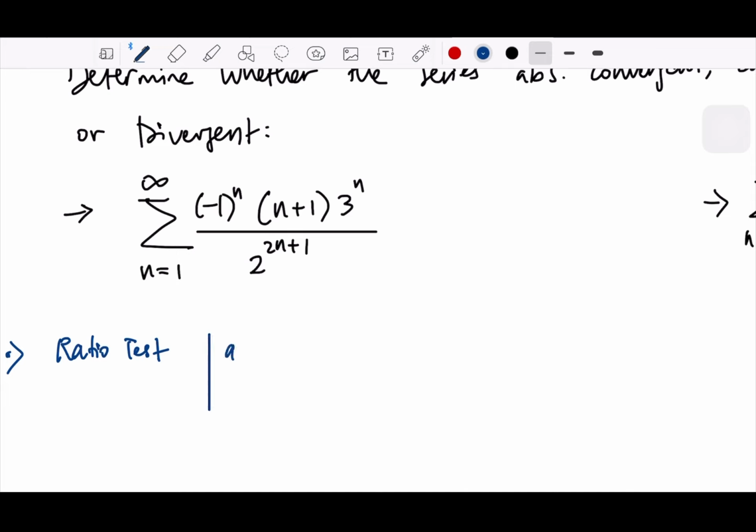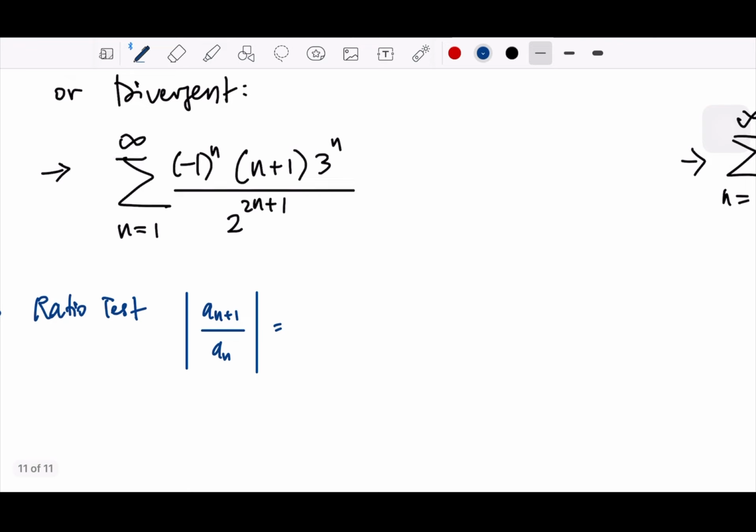So we can have the sequence in n plus 1 compared with the sequence in n. Now we can take this, and this will be n plus 2, n plus 1, 2 to n plus 3. So be careful here: what you need to exchange is just n. So it's actually like this.